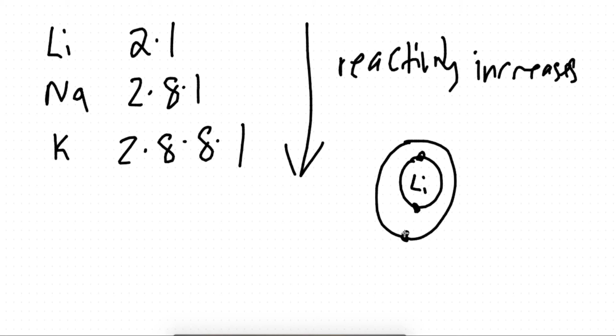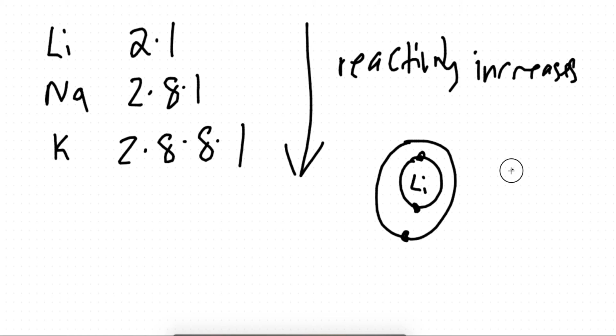How far is this valence electron from the center of the lithium atom, the nucleus? The nucleus is the center. How far is it? Not too far, right? There is an electrostatic attraction between this last electron and the nucleus.